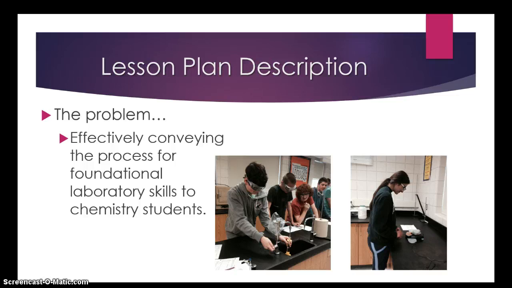Whether they're measuring the mass of an object with a triple beam balance or using a graduated cylinder to quantify liquid volume, these procedures need to be consistent between each student so that the data is reliable and can be compared. So the problem is, how can I effectively convey the process for foundational laboratory skills to my chemistry students?